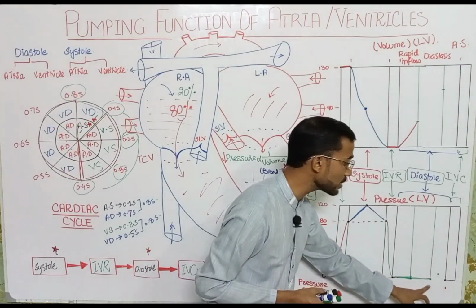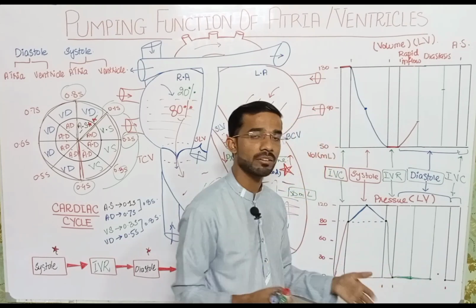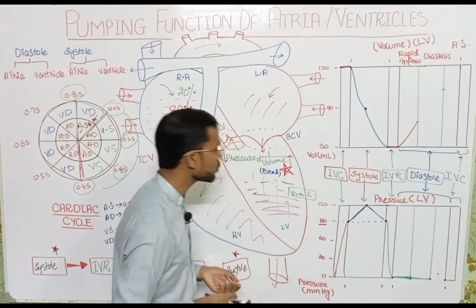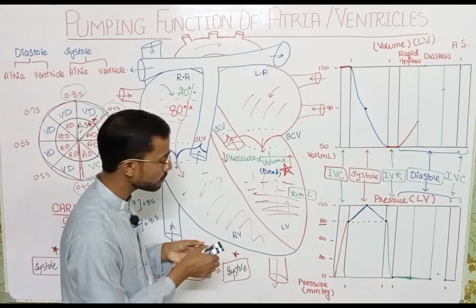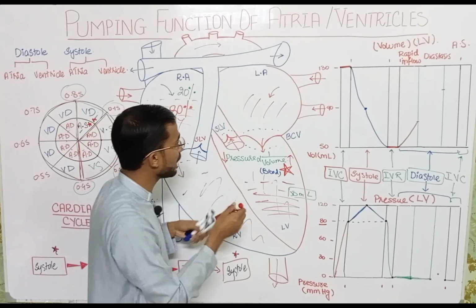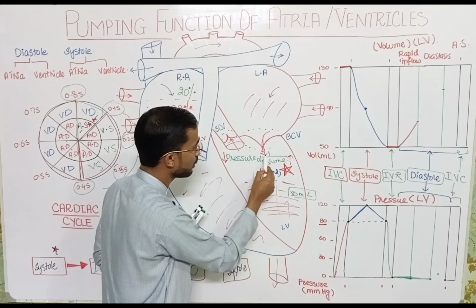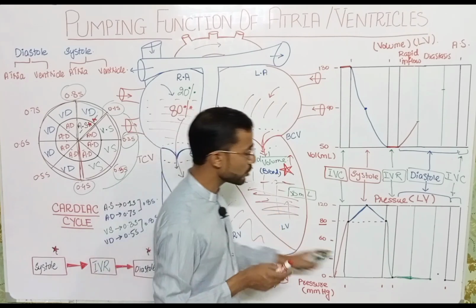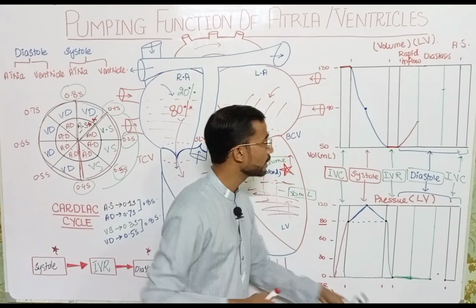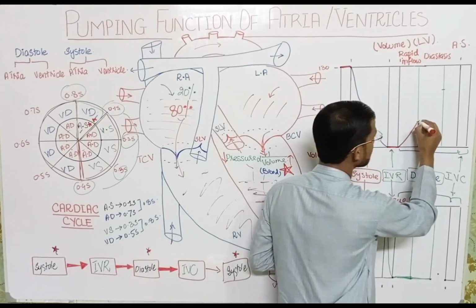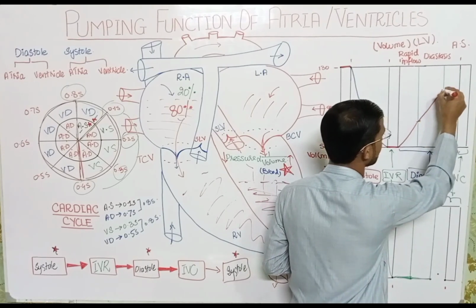Next is the diastasis state, in which the pressure will remain 0. In the diastasis, the blood continuously moves here and the volume increases further.